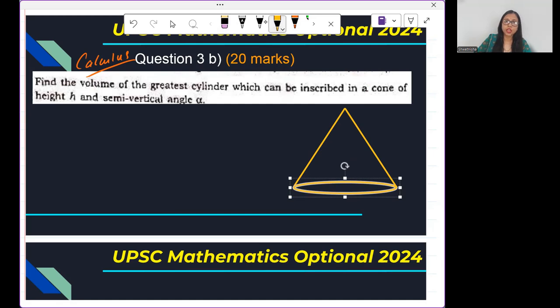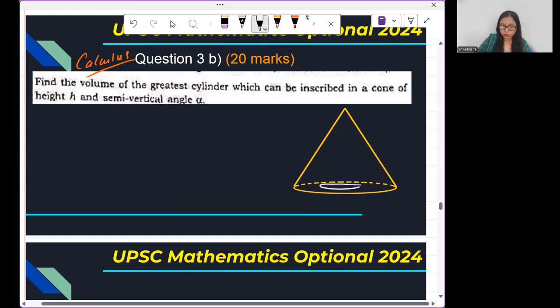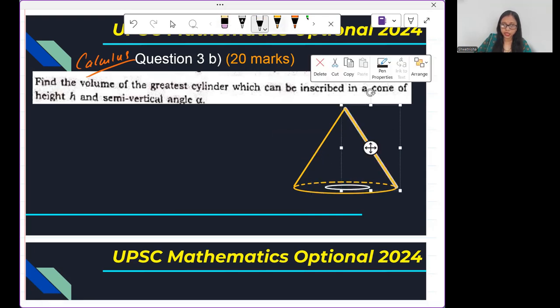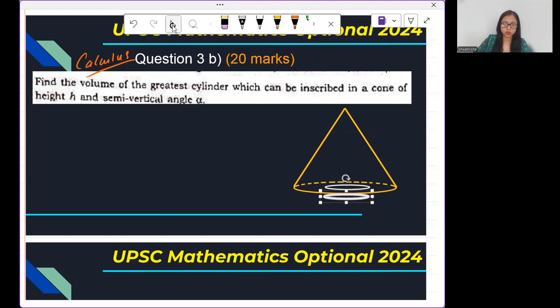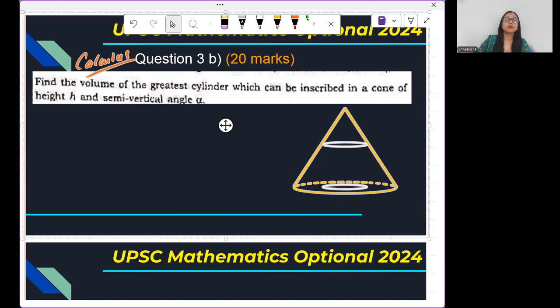This is a cone, and we have to find the cylinder that can be inscribed in this cone to give a maximum volume.